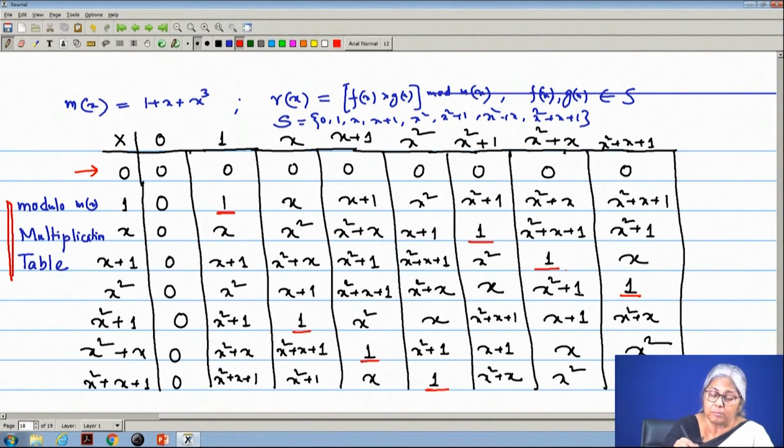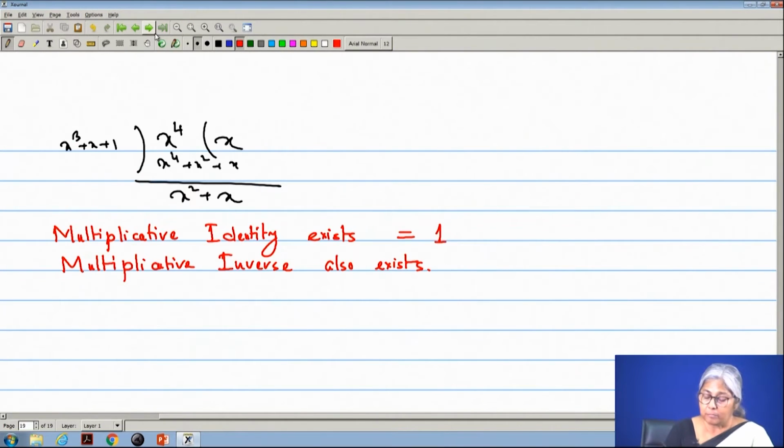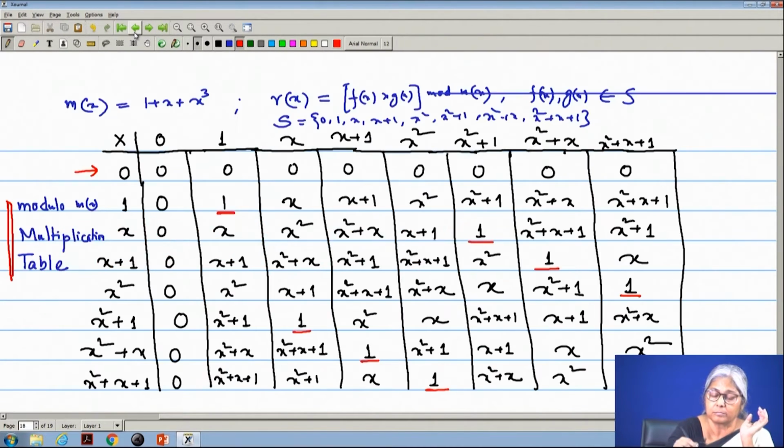So, we will be getting the multiplicative inverse, and if we remember that under modulo mx multiplication, we will see also that it is closed, since we have seen the full set of elements, all the elements are in S. So, it is a closure property.